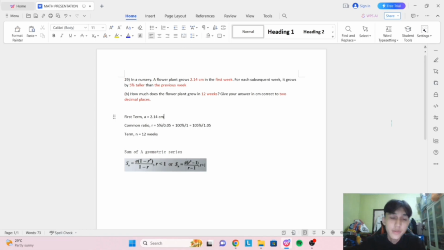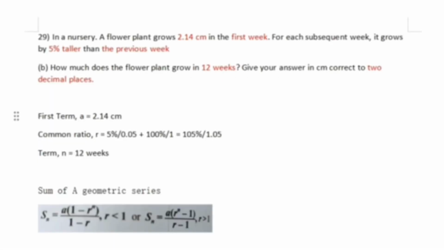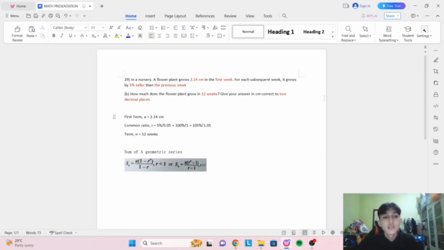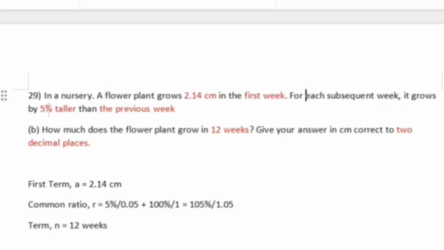I'm from FTV 1C. In a nursery, a flower plant grows 2.14 cm in the first week. For its subsequent week, it grows by 5% taller than the previous week. How much does the flower plant grow in 12 weeks? Give your answer in cm correct to 2 decimal places. So first thing to do is we need to find out the points in this question. The sequence: each week it grows 5% taller than the previous week.